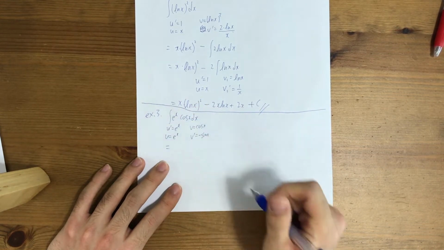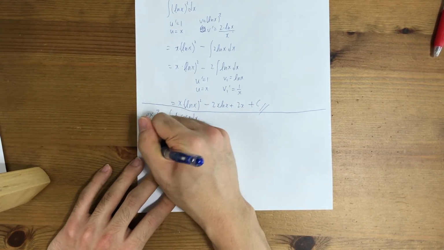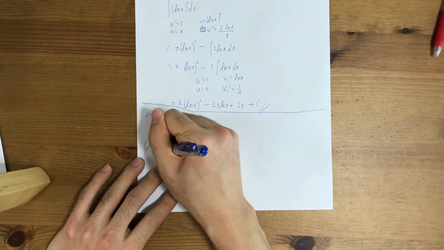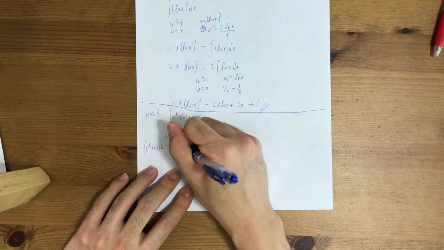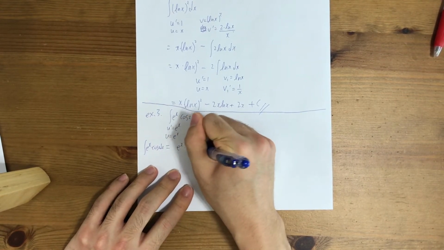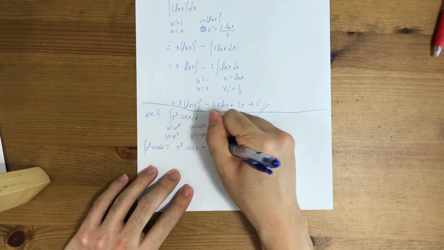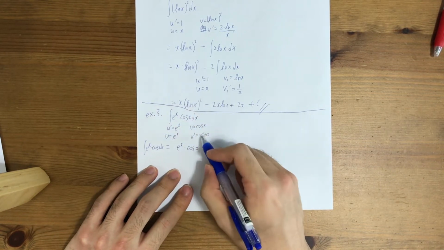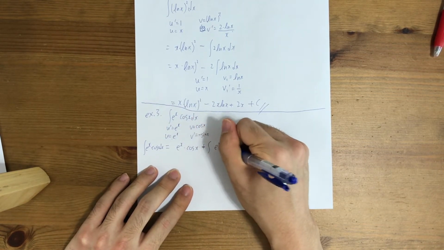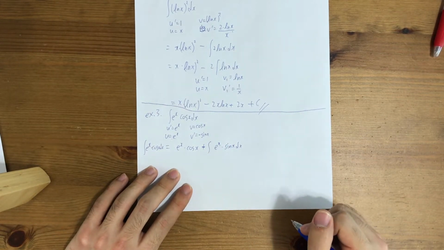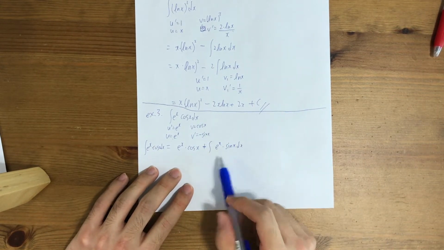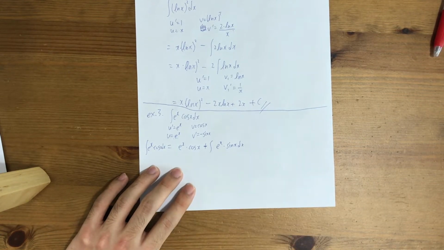So we apply what we know: uv, e to x times cosine x, and then minus these two. But we have a minus there, so it's plus. Oh, and it seems like nothing changed, right? But it did change, because cosine x became sine x.